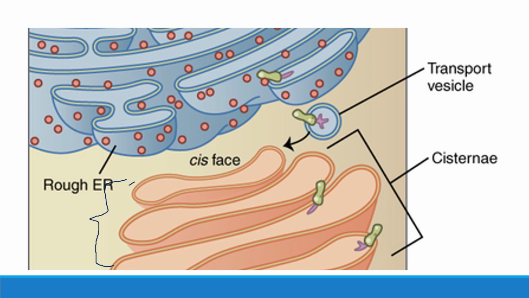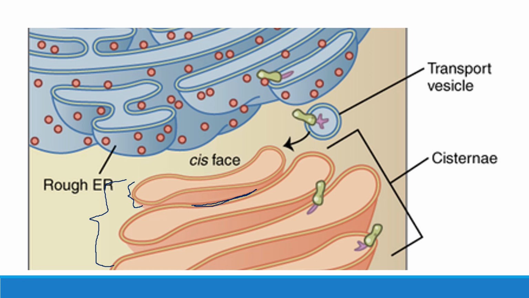So this convex surface is known as the forming phase, and the inner surface, that is concave, is the maturing phase. So this probably would be the case, that its outer surface is involved in formation of vesicles, and their modification or maturation occurs within this inner surface, that is concave.